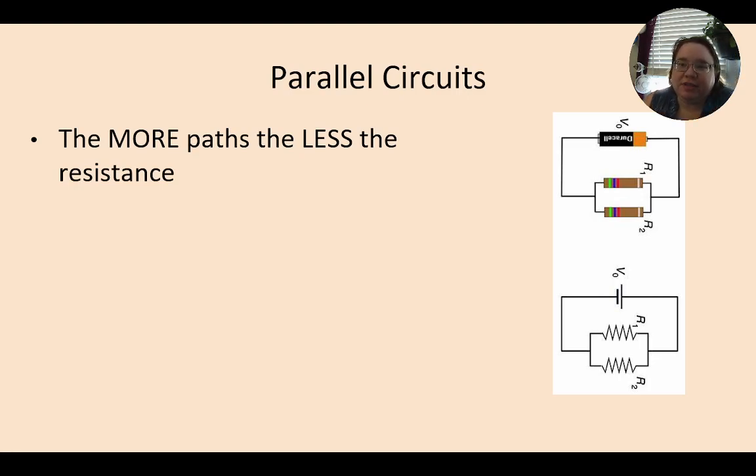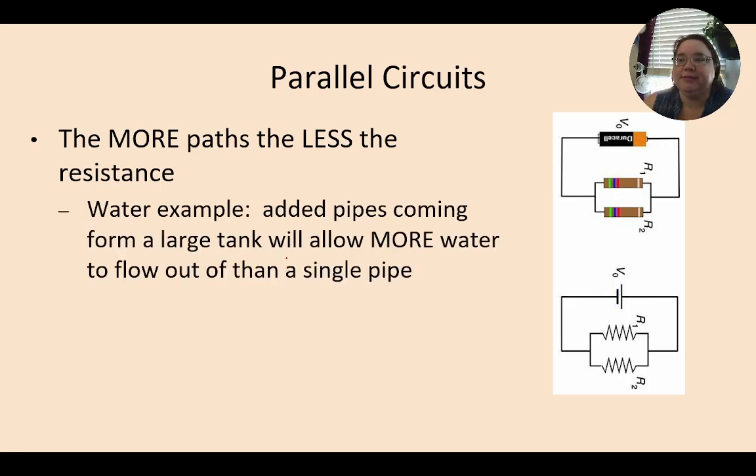So parallel circuits, the more paths, the less the resistance. So my resistance decreases as we add more paths. This kind of makes sense if you think of it in terms of water. If I've got more pipes coming off the same tank, I'm able to get the same amount of water out of all the pipes, but I'm able to get more water total.